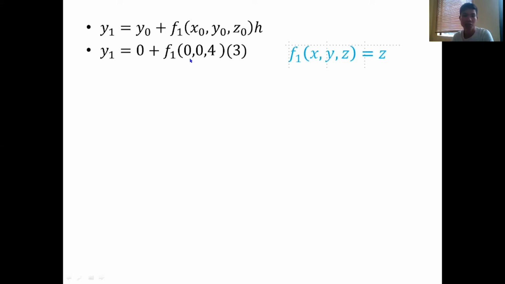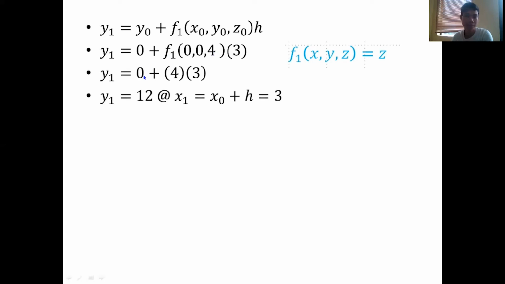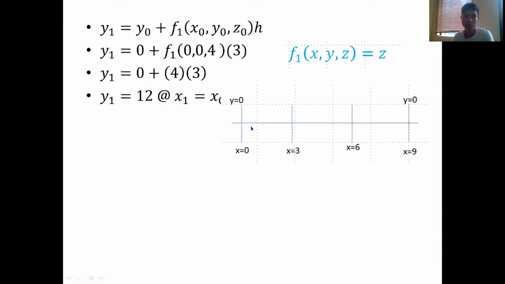So in this case we just consider the z, which is 4. So that is 0 plus 4 times 3, which is 12. That is the value of y1 at x1, which is x plus h, equal to 3. So let's plot it in the graph. That is the value of y1 at this point, x equals 3.